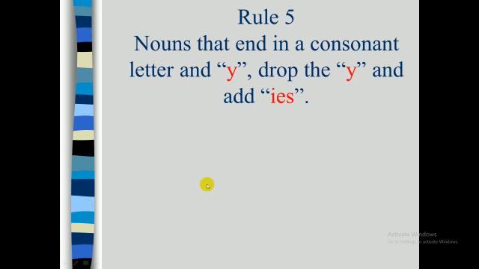Rule number 5. Nouns that end in a consonant letter and Y, drop the Y and add I-E-S. What do we mean by this? For example, number 1, sky, we say skies, I-E-S.